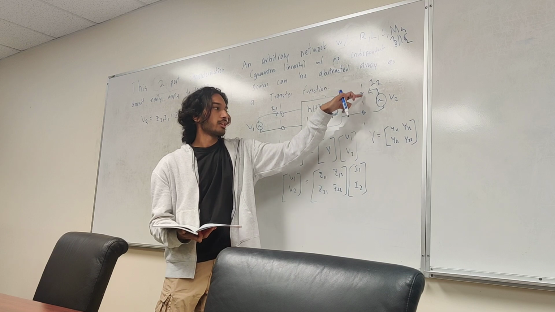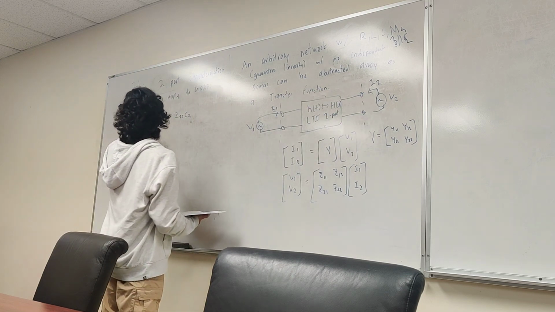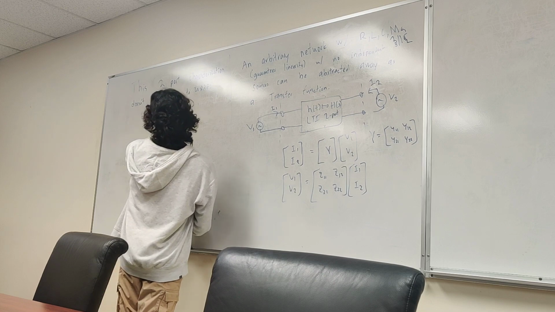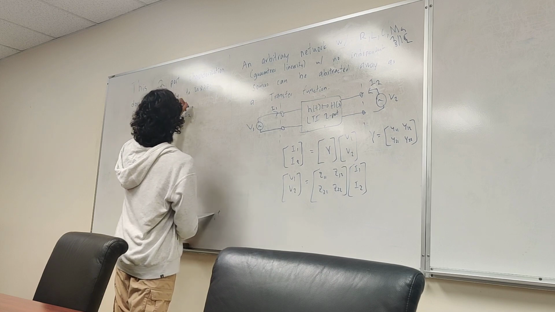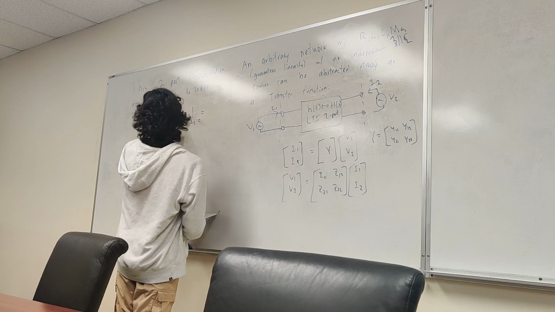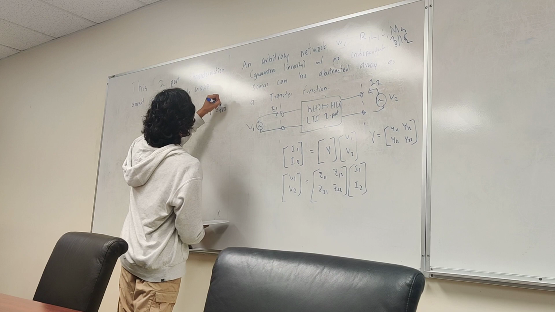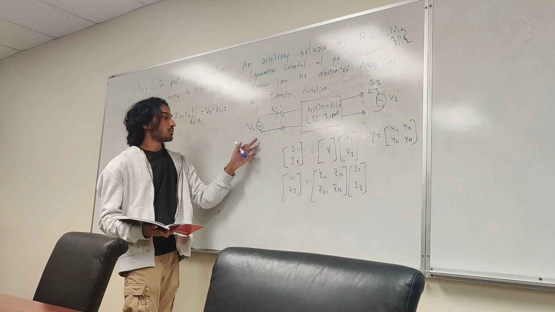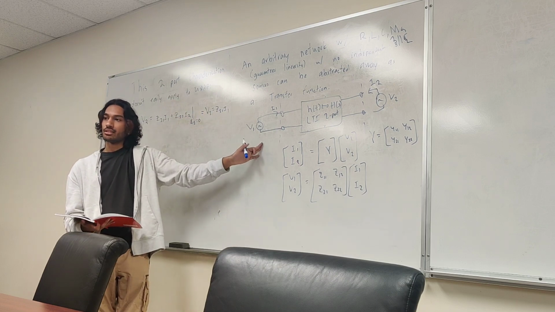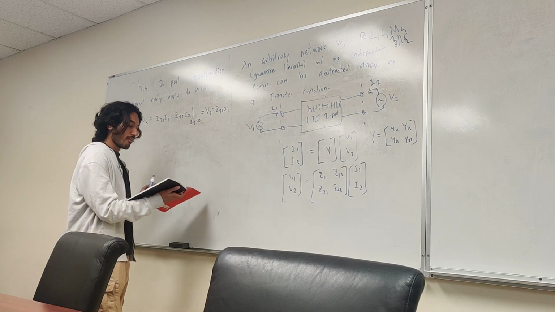No current goes here, we're not going to have any voltage drop here, right? So if that current is 0, in order for us to get V2 in terms of whatever I1 is, I2 has to be 0. If that's the case, you get that V2 is Z21 I1, for a voltage source here on the left. Any questions on that? Cool.